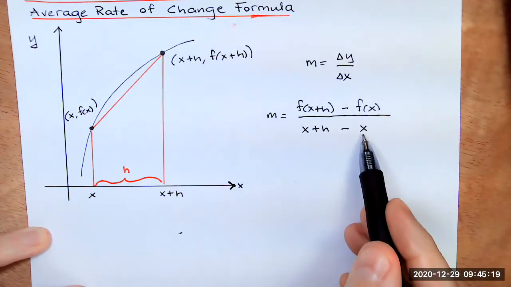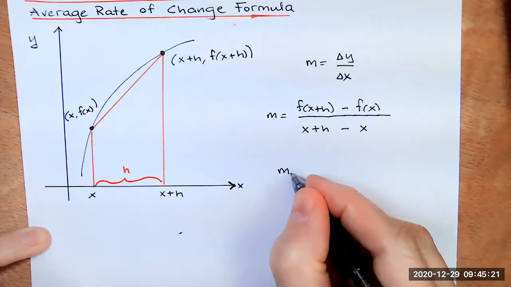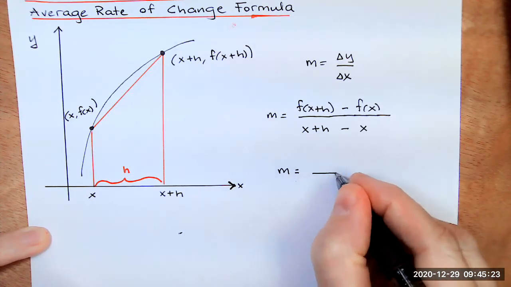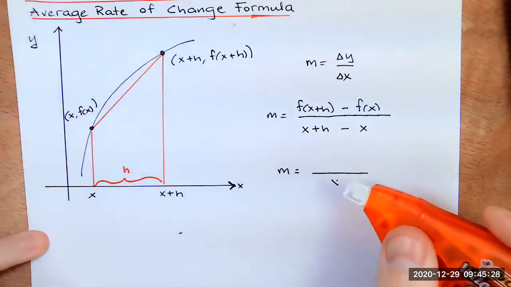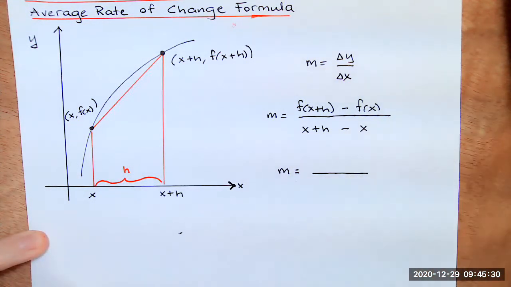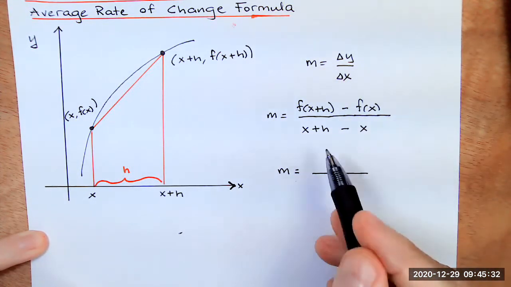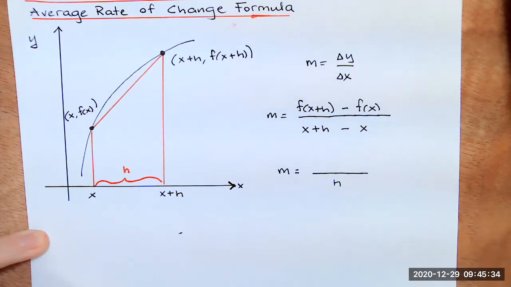Well, x plus h minus x simplifies to just h, because x minus x is 0.